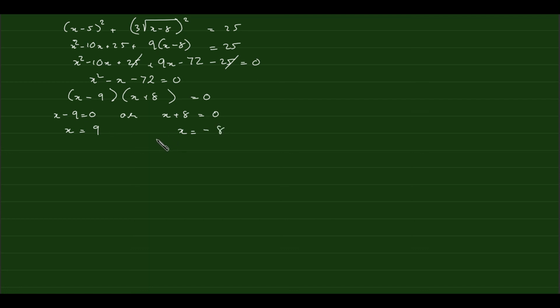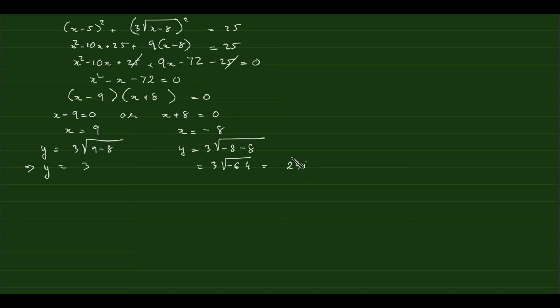Now we're gonna go ahead and plug into the second equation. So we're gonna have y plug into the second equation. You have 9 minus 8, which is 3. Okay, and over here you have y equal 3 times square root of negative 8 minus 8, which gives you the square root of negative 16... Not good.